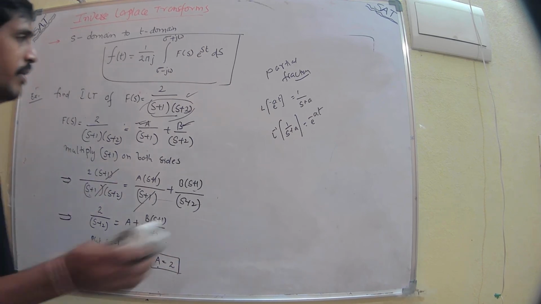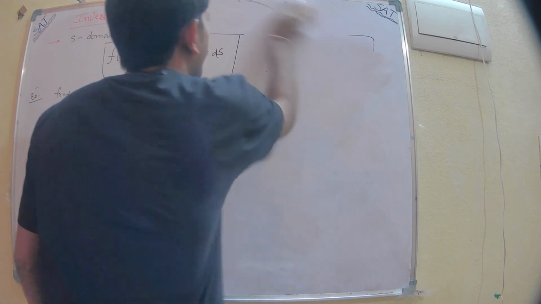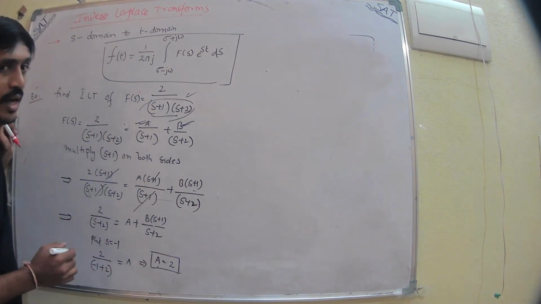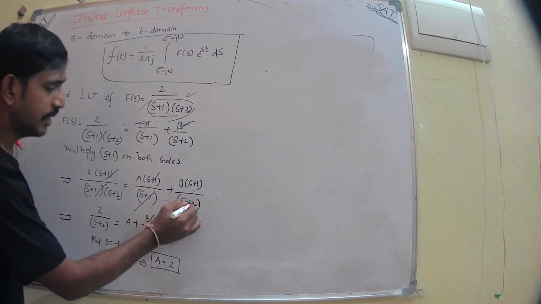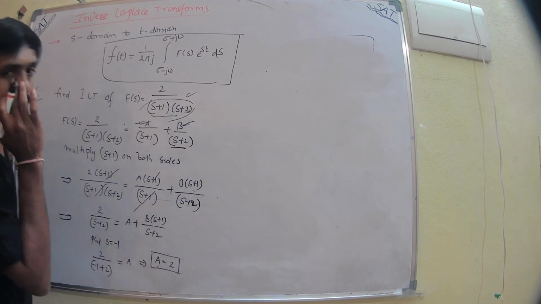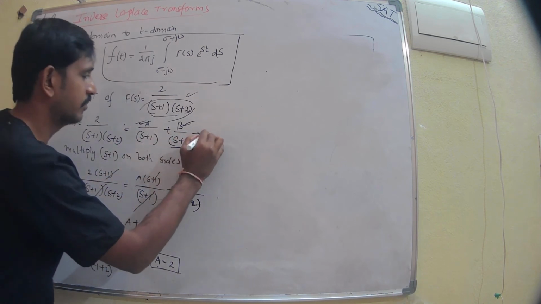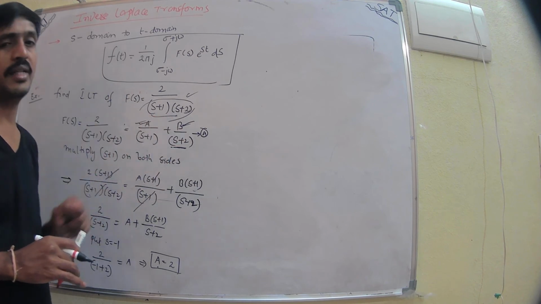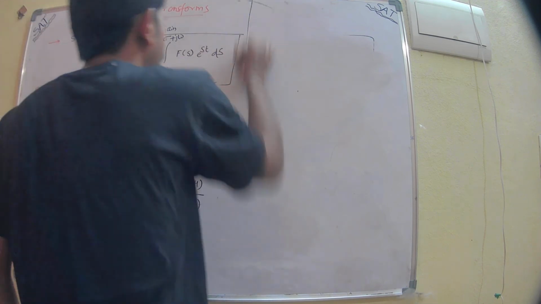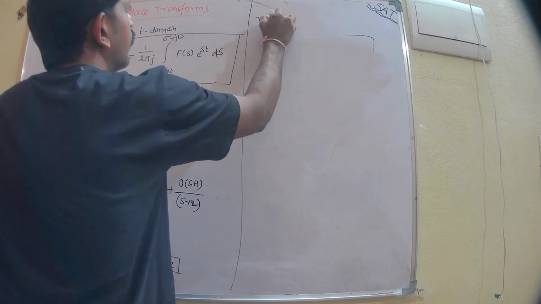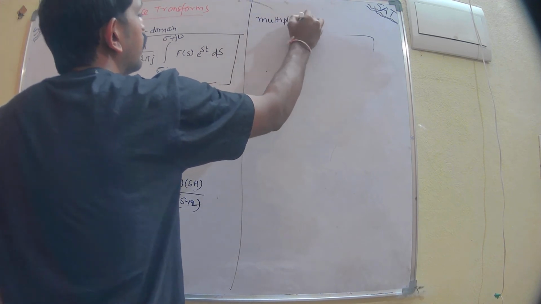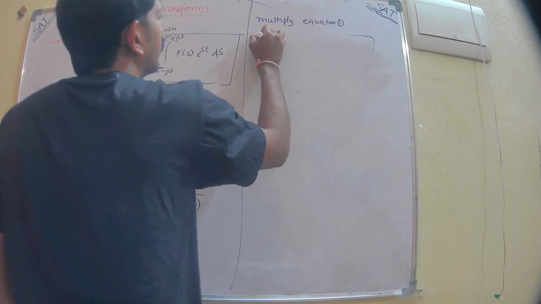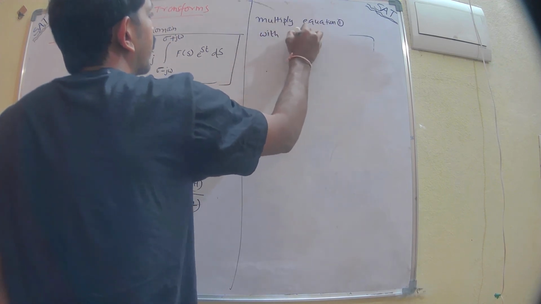Now find out the B value. To find the B value, I can multiply by (s plus 2) on both sides, then only I can separate the B value. So multiply equation 1 with the (s plus 2) factor.